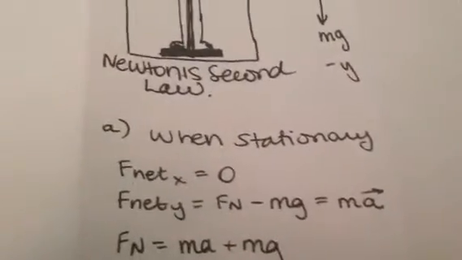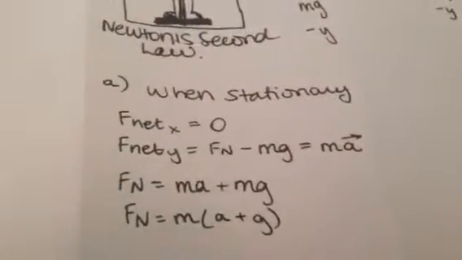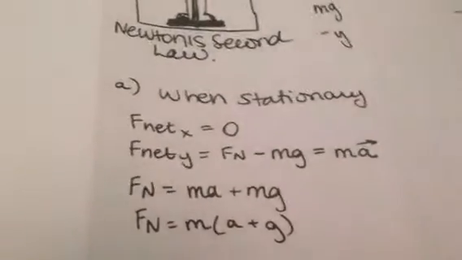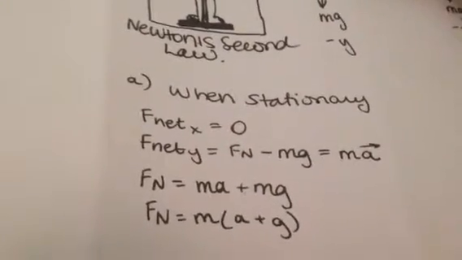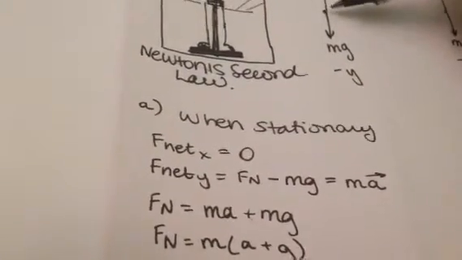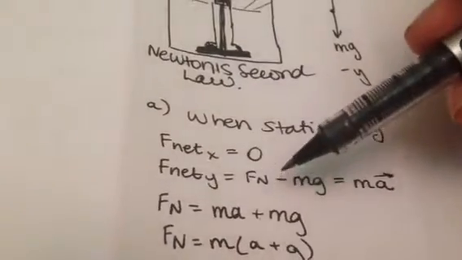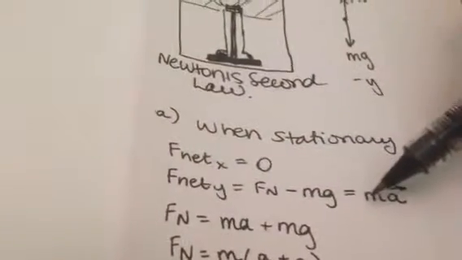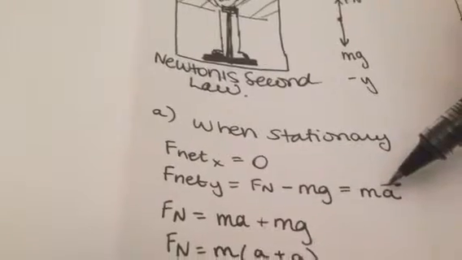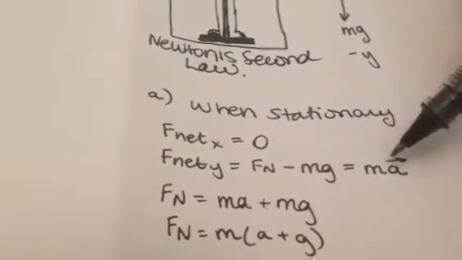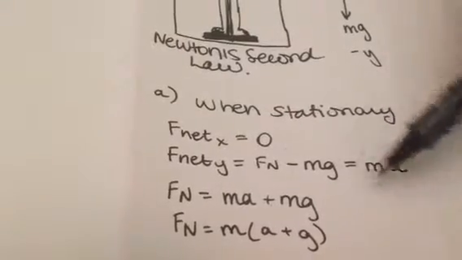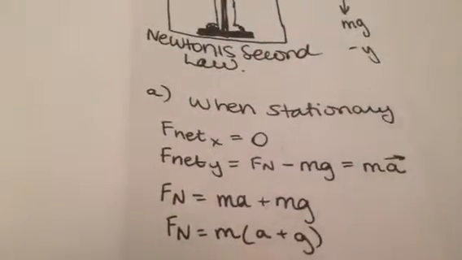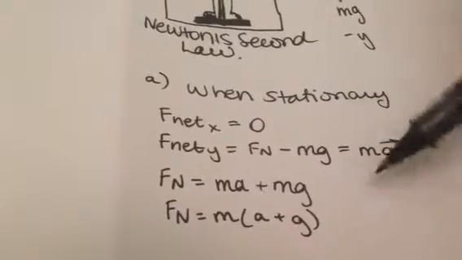So we know that F net in the x is 0, and F net in the y is, we have our normal force, and we have our negative mg, because it's in the negative y direction, so that's why we put the minus here, is equal to mass times acceleration. So we have to do this because he is accelerating. Even if he has a negative acceleration, we're going to account for that.